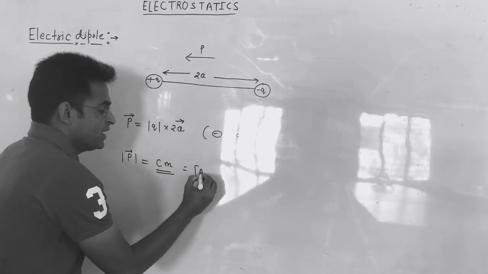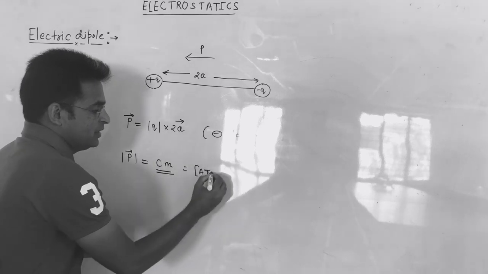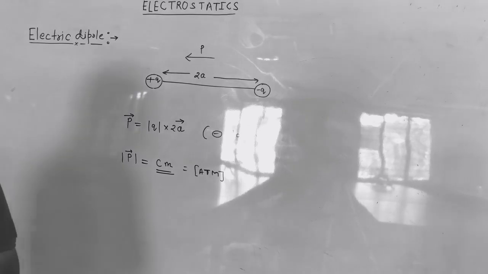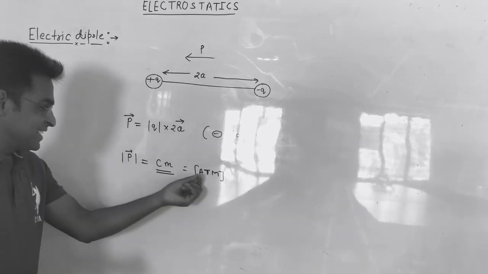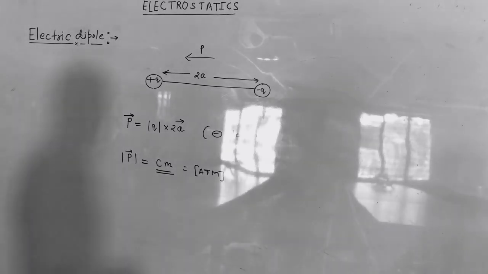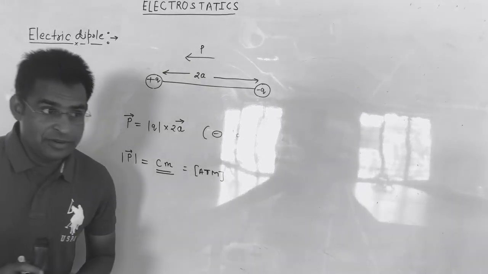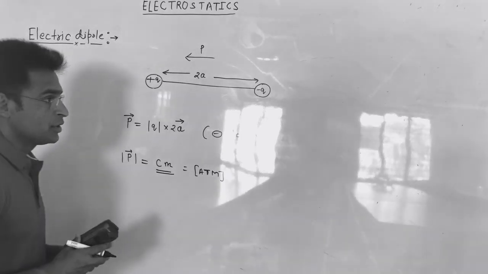That is AT. And the dimension of length will be meter, so the dimension will be ATM, and the unit will be Coulomb into meter.